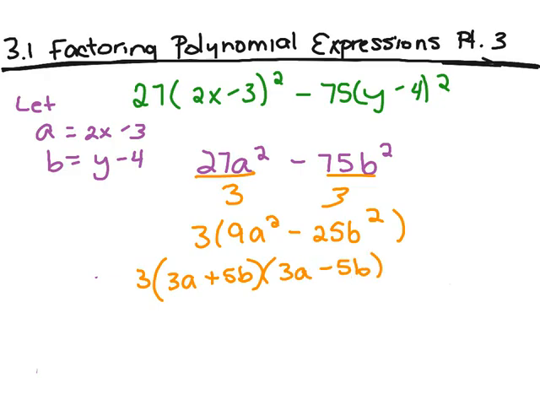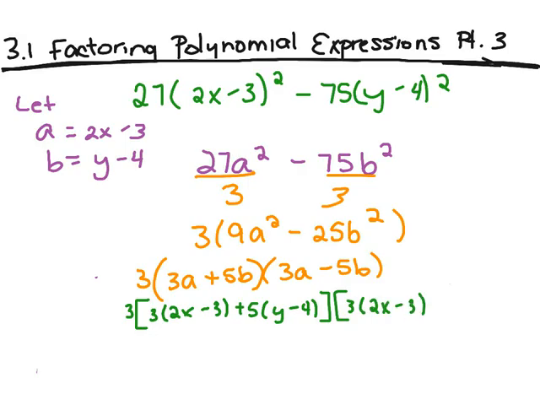So there's our factored difference of squares, and now we're going to substitute back in our a and our b. So 3 bracket 3 times 2x minus 3 plus 5 times y minus 4 bracket 3 times 2x minus 3 minus 5 times y minus 4.